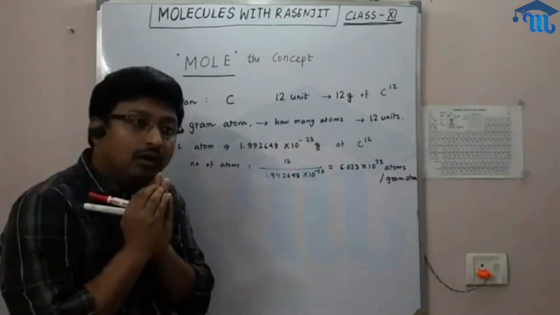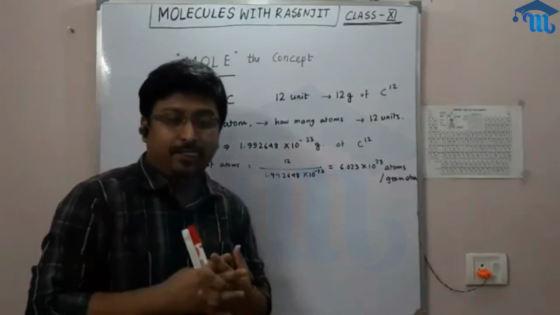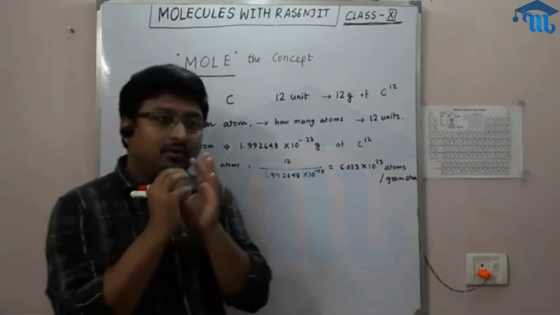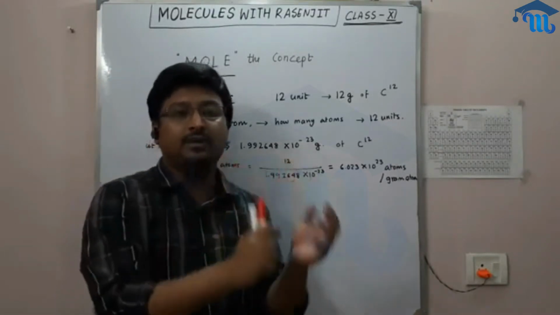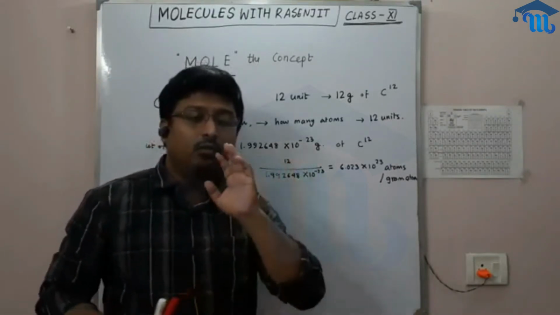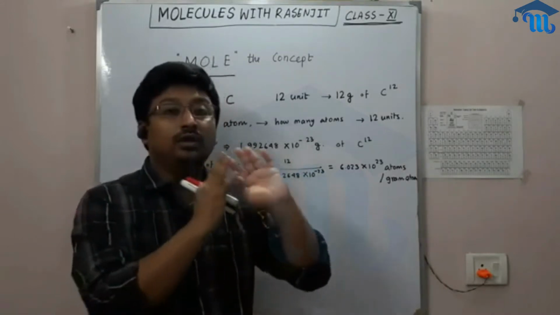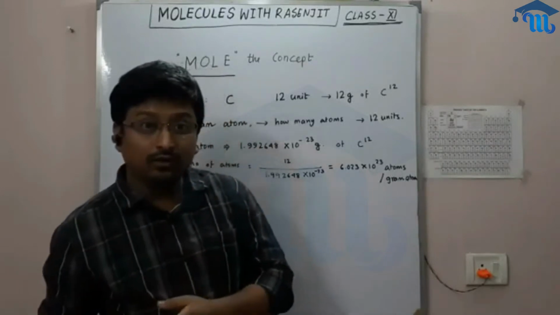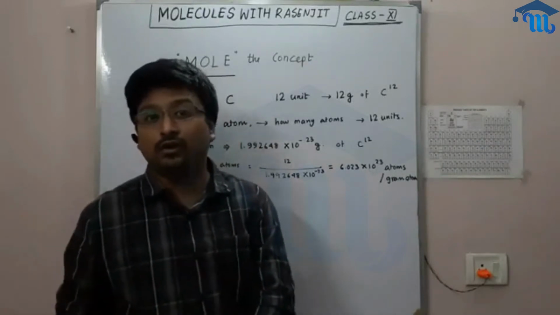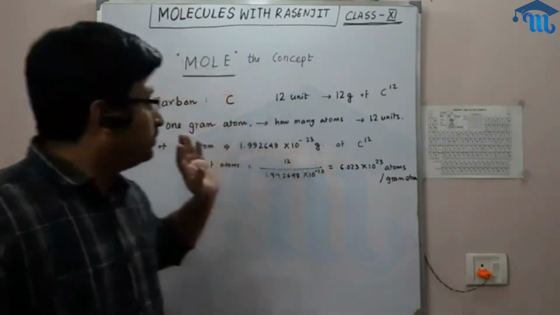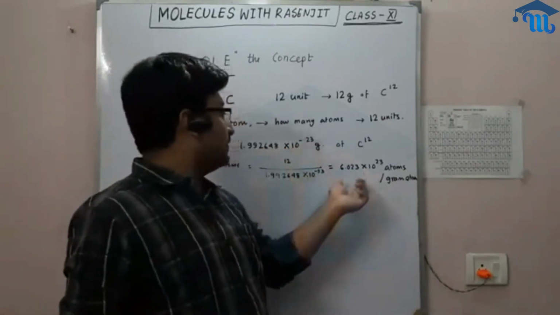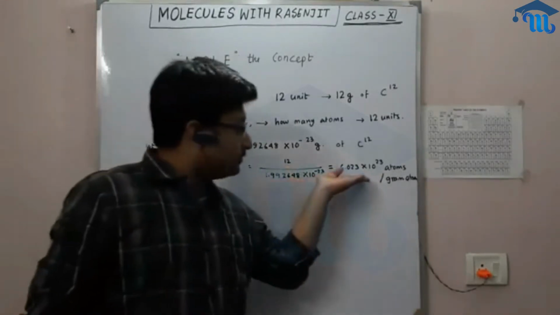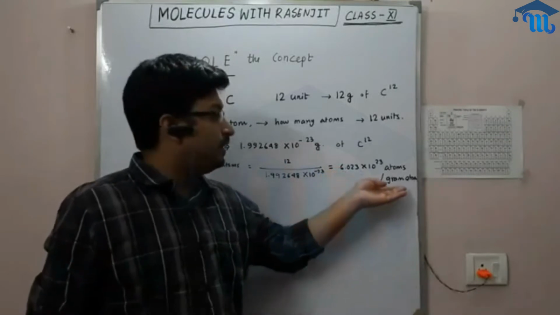Because Avogadro said that when we are thinking about molecules, atoms combine to form the molecules: one molecule of hydrogen will combine with one molecule of oxygen to form one molecule of water. So at the atomic level, this small number in 1 gram atom is 6.023 into 10 to the power 23 atoms per gram atom.